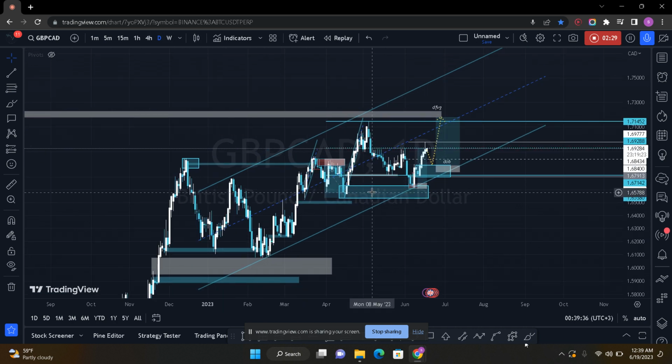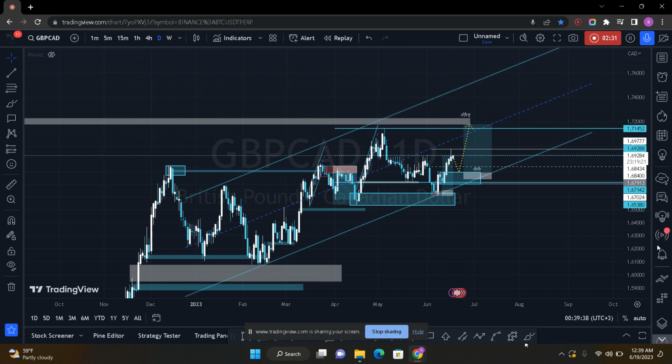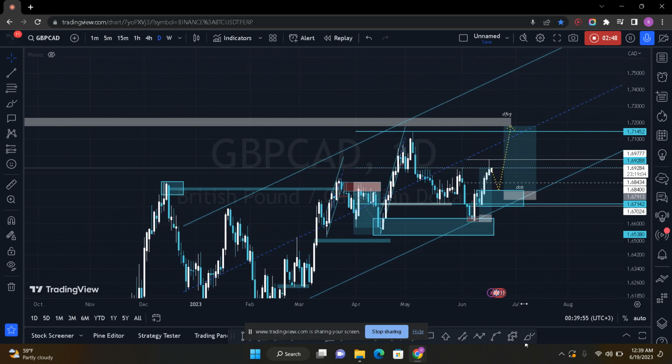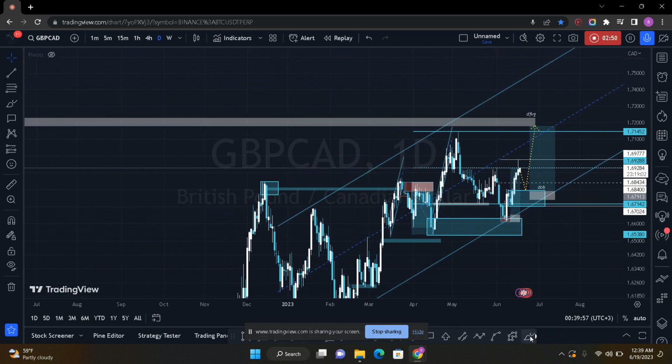Before we zoom down, my areas of value are, initially, this daily order block, and the candle responsible for that is this, which was the origin for this particular move right there. Then the other area of value for me is this gray zone right here. I'm going to highlight it, and I'll show you why.